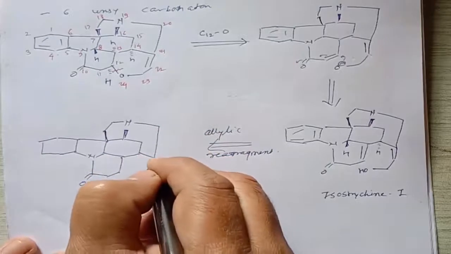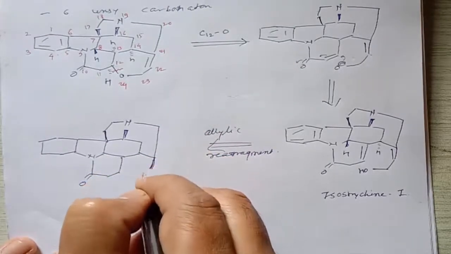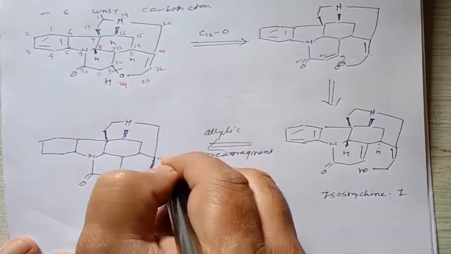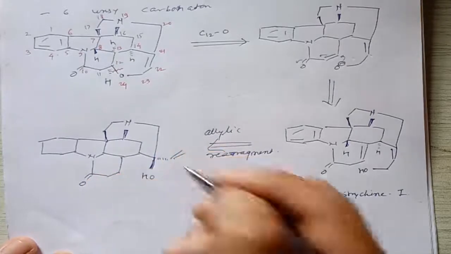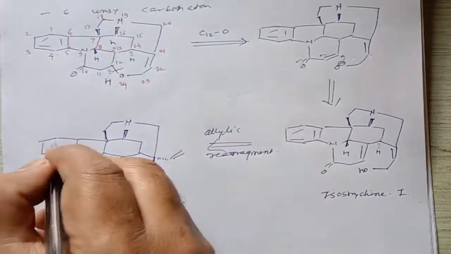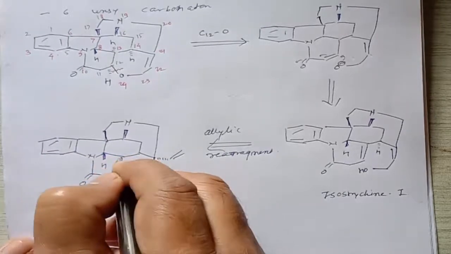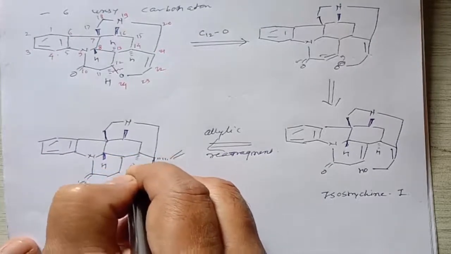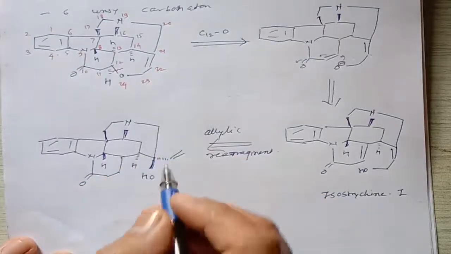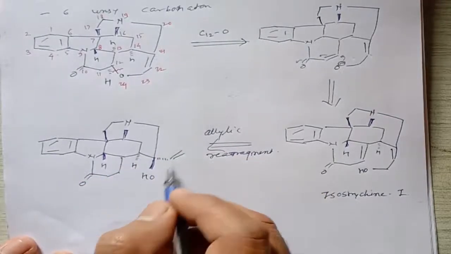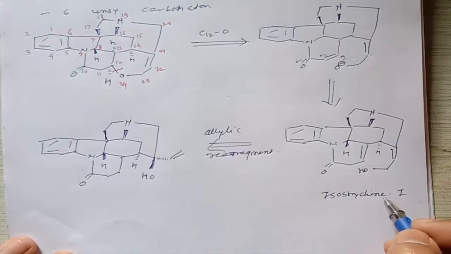And here we can form the OH which is above the plane, and then this allylic group which is below the plane, right? Then the remaining functional group will be the same here, that is hydrogen above the plane, then this hydrogen is below the plane. So after allylic rearrangement, from this alcohol we can get this isostrychnine first molecule, right?